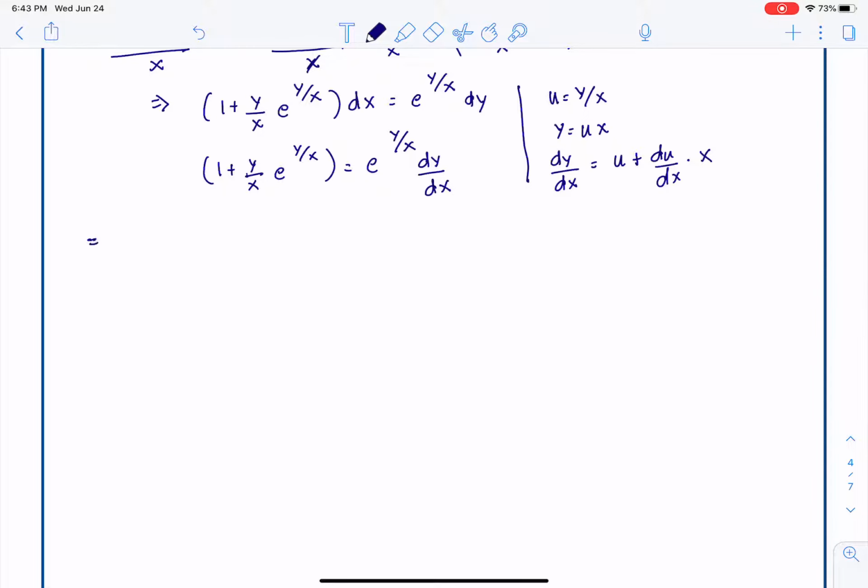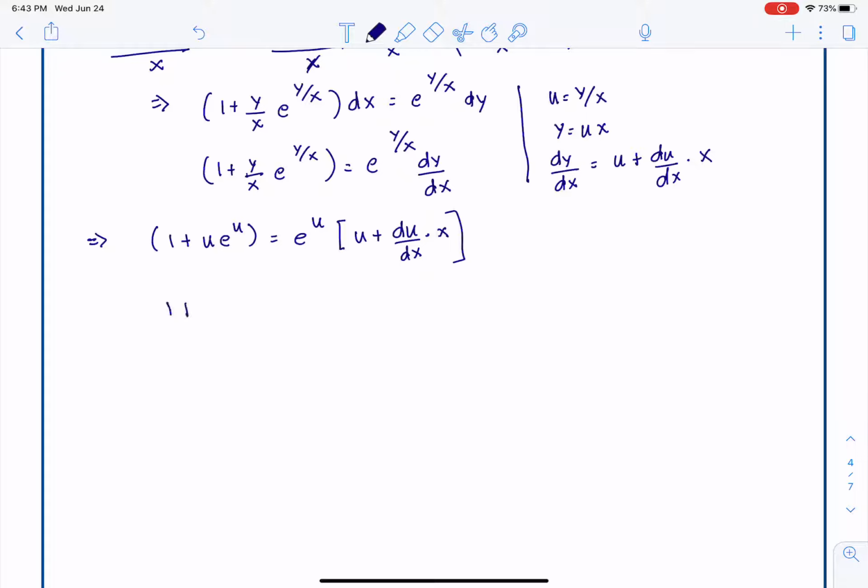So rewrite the equation in terms of u. 1 plus u e raised u equals e raised u times (u plus du over dx times x).